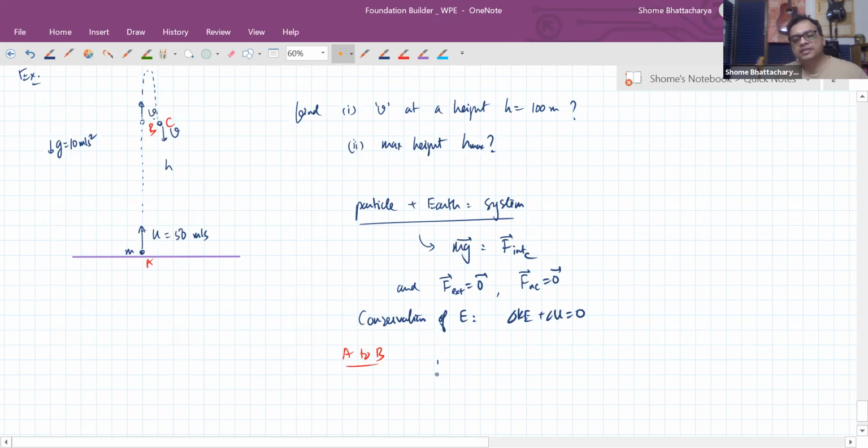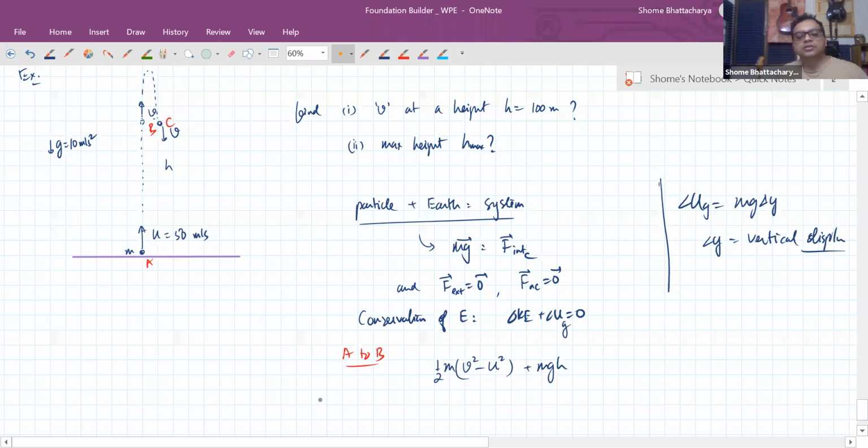So change in kinetic energy is half m(v square minus u square). Change in potential energy is plus mgh, because we are using the formula change in gravitational potential energy is mg delta y, where delta y is the vertical displacement.